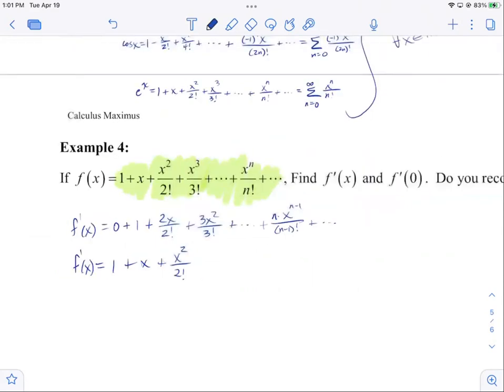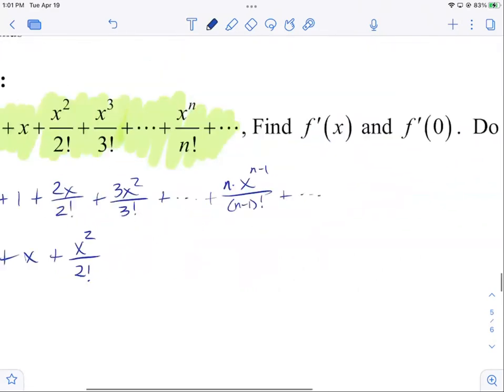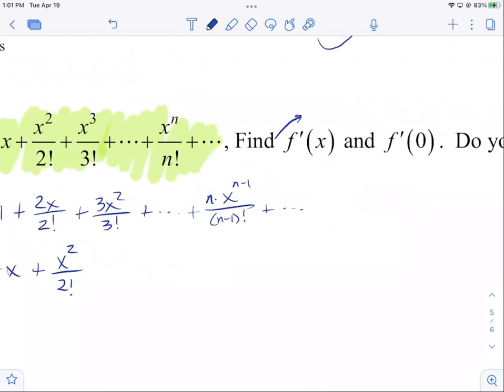Now here's where we have to be careful. What if it said find, and right here I should probably add this, the first 4 non-zero terms and the general term.